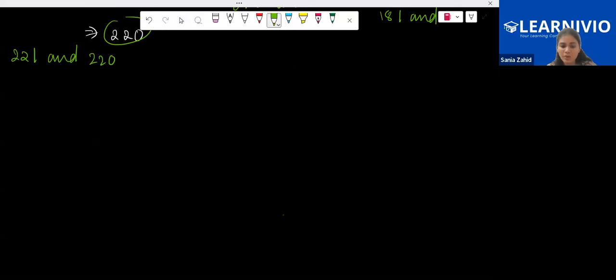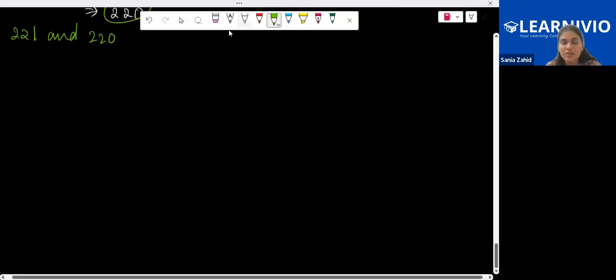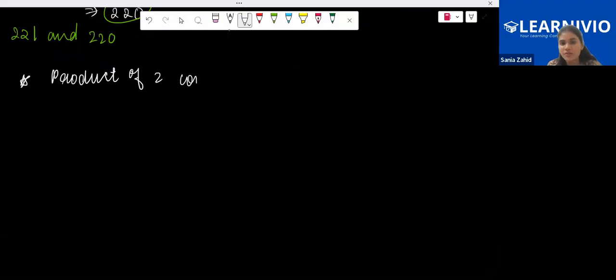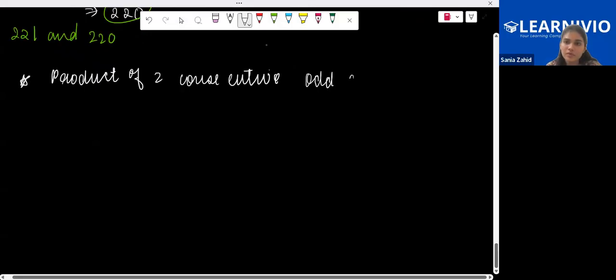Okay, there's one more property, one more pattern, which says the product of two consecutive odd or even numbers.